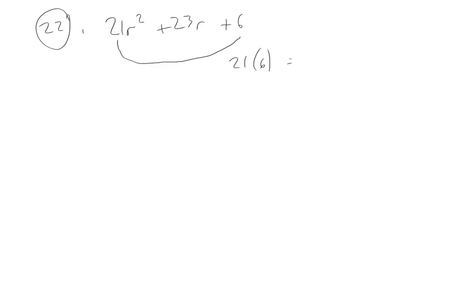So 20 times 6 is 120, plus 1 times 6 is 126. Then you need to break apart 126 so that it adds up to be the number in the middle, which is 23. So what two numbers would do that?